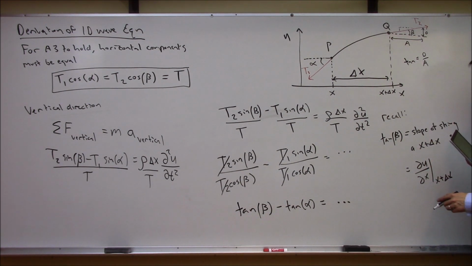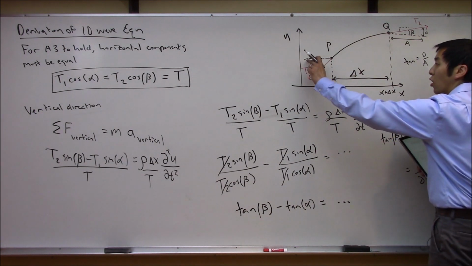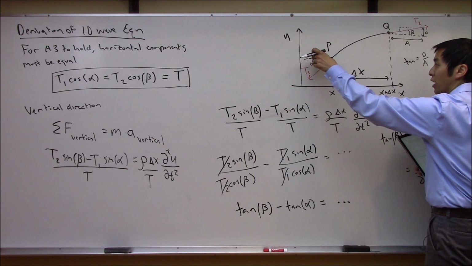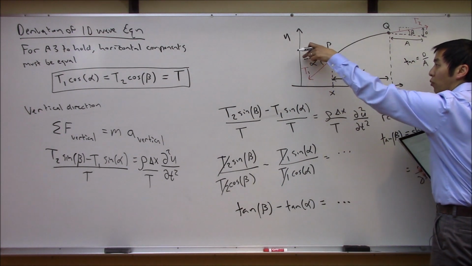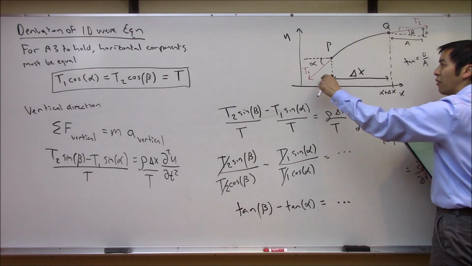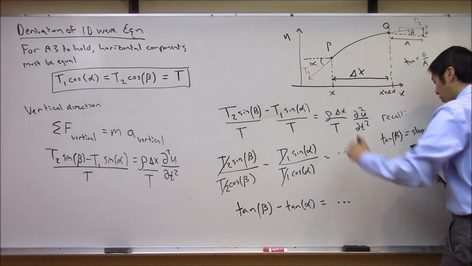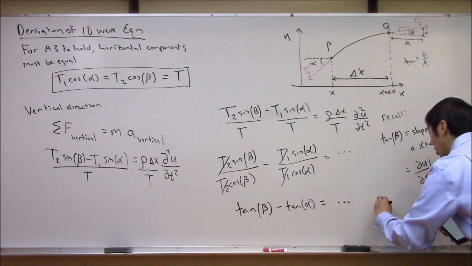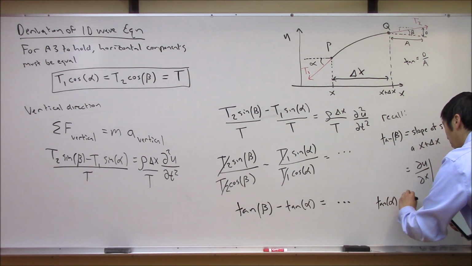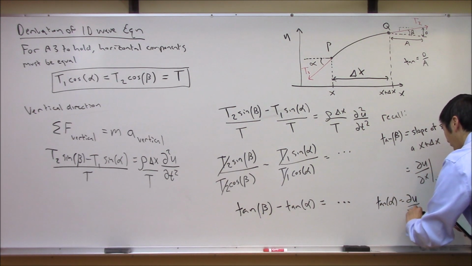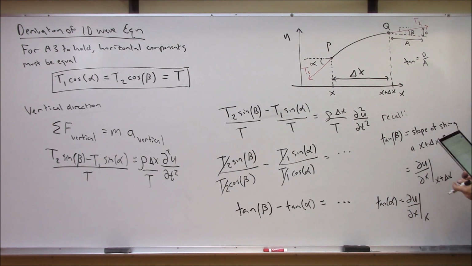By that exact same logic, we can do the same analysis for tangent alpha. Opposite over adjacent, or rise over run, tangent alpha is the slope of the string at location x. So let's write that down: tangent alpha is the partial of u with respect to x at x. Okay, great.